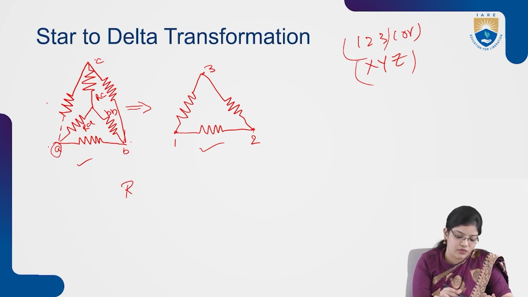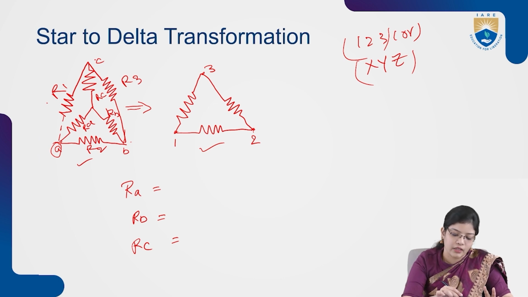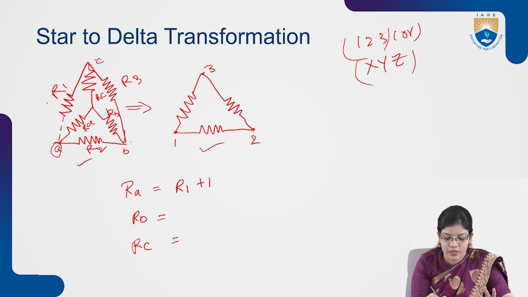So if it is A, first we have to take RA, then RB, and then RC. So for the first node, R1 and R2 are connected. These are denoted with R1, R2. So for the RA terminal, R1 and R2 are connected. So I am writing R1 plus R2 plus R1 into R2 by R3.